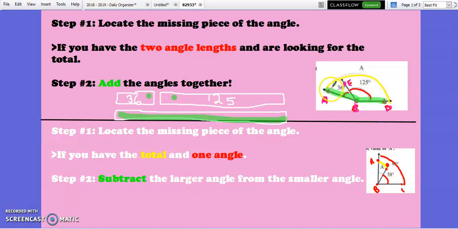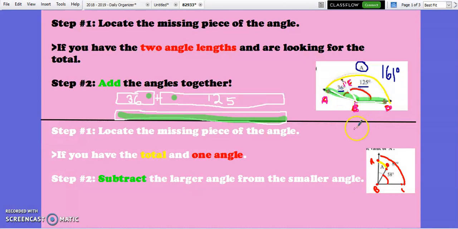We took a part, which was this angle here, ABC, and another part, CBD, added them together, 36 plus 125, and that was able to give me the entire angle, which they mark as A up here, which was 161 degrees.